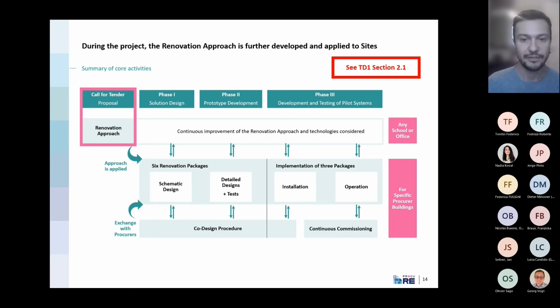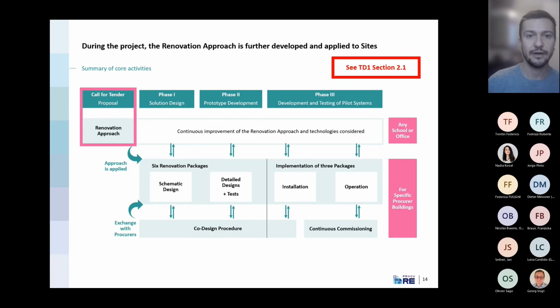So this is not work that will be thrown away, but will be very valuable to any future work. We have, as you see, 3 phases: solution design, prototype development and further development of the prototype, and then in phase 3, the implementing of these prototypes, which means installation and operation.